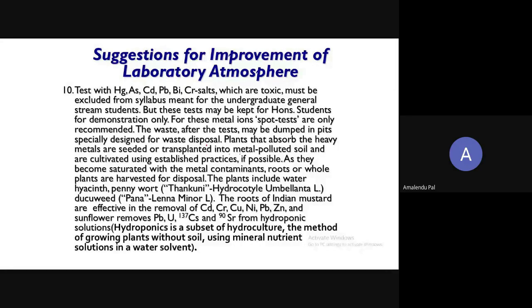Nowadays, some plants that absorb heavy metals are seeded or transplanted into metal-polluted soil and cultivated using established practice, if it is possible. And as they become saturated with the metal contaminant, the roots and whole plant are harvested for disposal.